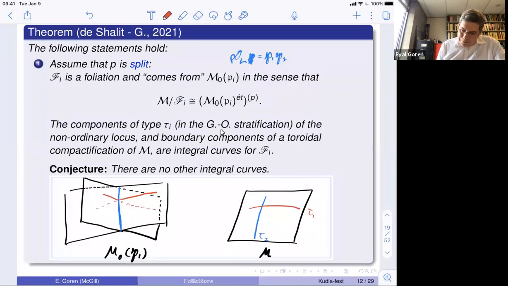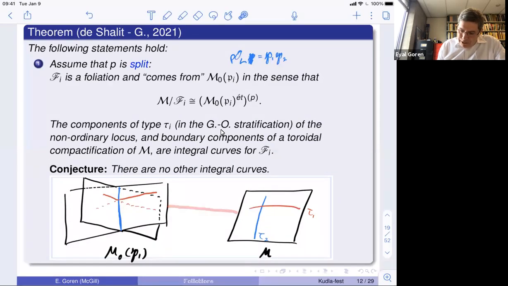And the statement is that, instead of telling you how those maps look on the horizontal components, I'm telling you something equivalent to this. So there are two horizontal components. One is the so-called multiplicative component, and it's just isomorphic to M, like in the modular curve X0(p). And there's another component that they call the Igusa component.